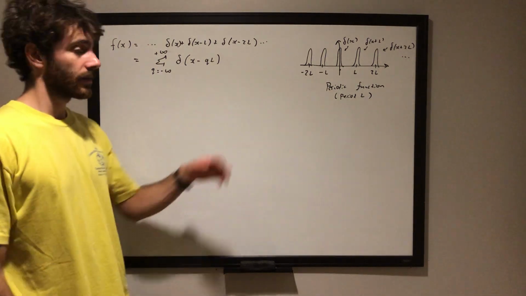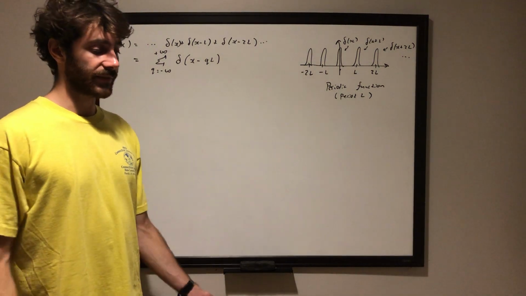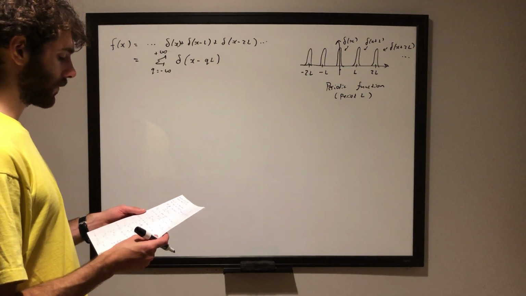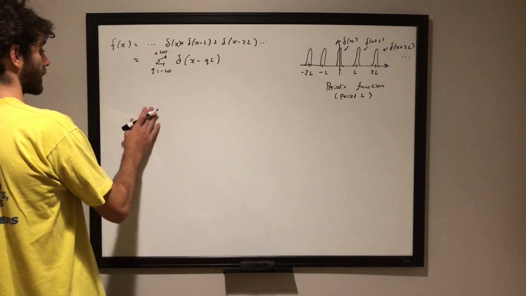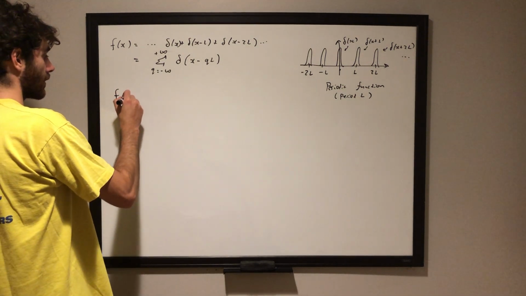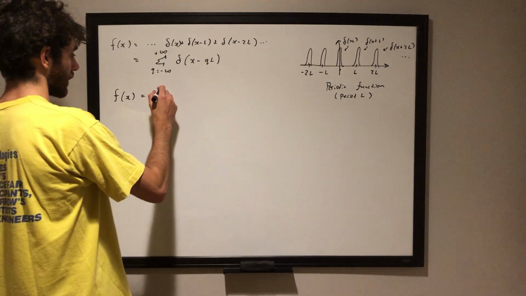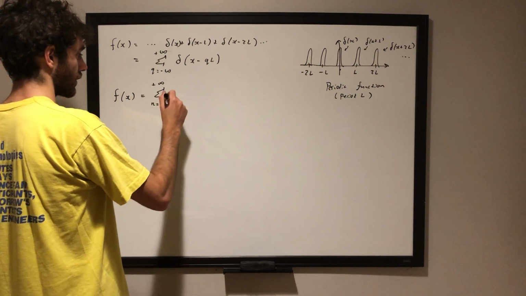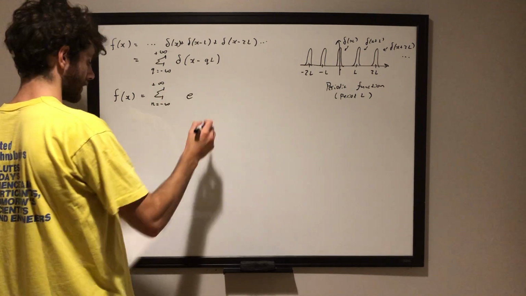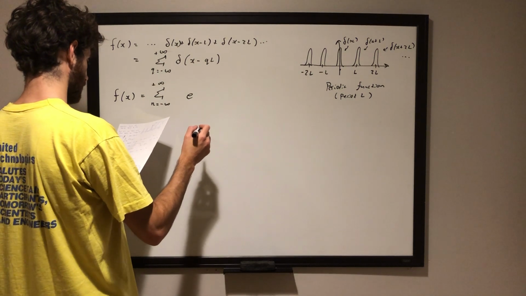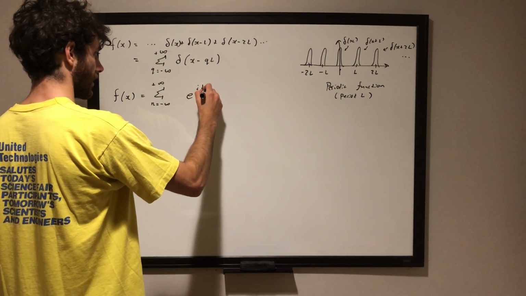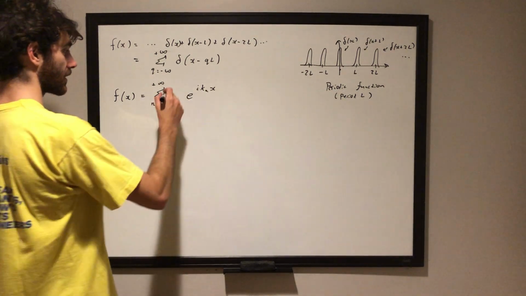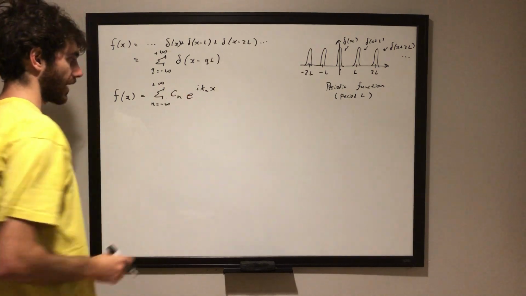And when we have periodic functions, we can write them as Fourier series. At least that was the promise from the last few lectures. So remember, if we wanted to write the Fourier series for f of x, then we would write it up as a sum over n, where n is an integer, of these, with the phase convention, right? e to the i k sub n x, so these harmonic functions times some amplitude or some coefficient.